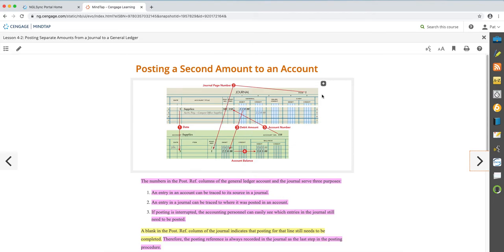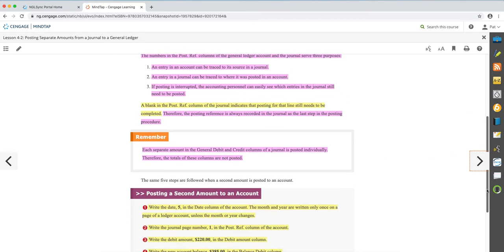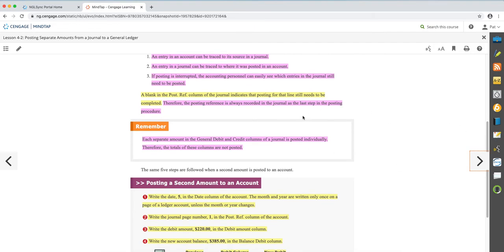We do it so we can find out where the source, what page number, comes from the journal, and it comes here. We can trace it from the account number. So we put it here, then we can make sure that we post-reference from the journal to the account. And if it's interrupted, we understand where we're starting and stopping when we're doing our posting. That's why we just said before it's always last to be the last procedure in the posting process.